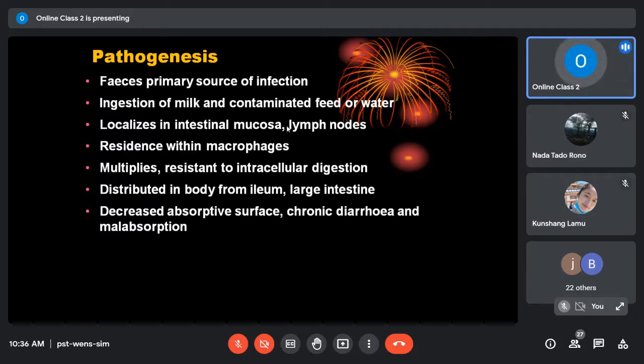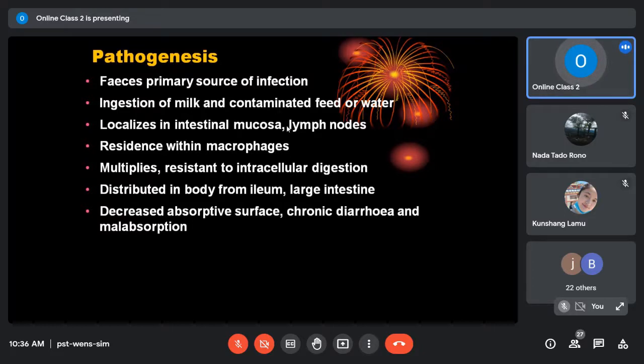Here they may start an inflammatory reaction with macrophages and multiplication going on in the intestinal system, spreading and distributed to other parts of the body, particularly from the ileum and the large intestines.